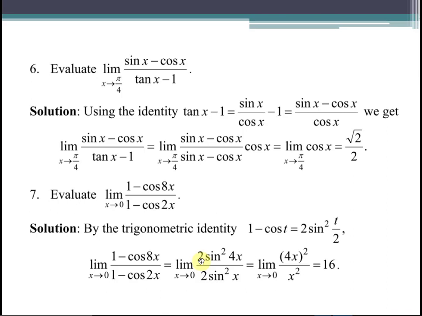And the numerator is 2 sine squared 4x here. And then we can use the first theorem. It is equivalent with 4x squared. 2 and 2 are cancelled. This is equivalent with x squared. And then x squared and this x squared we can cancel. The answer is 16.